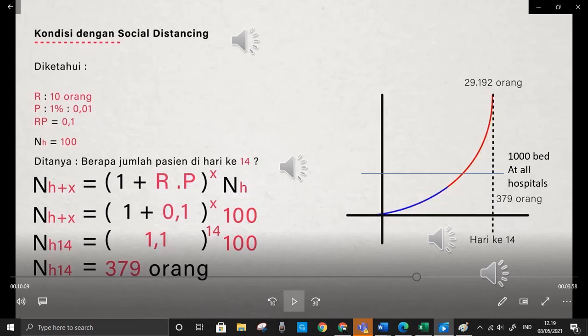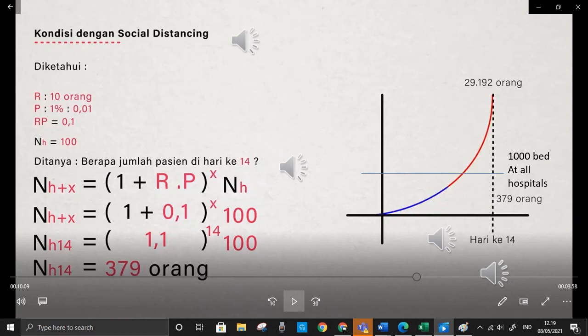Let's see that if the beds at all hospitals only consist of 1,000 beds, then without social distancing, 28,192 people will not get a hospital bed, and there is a high risk of dying.